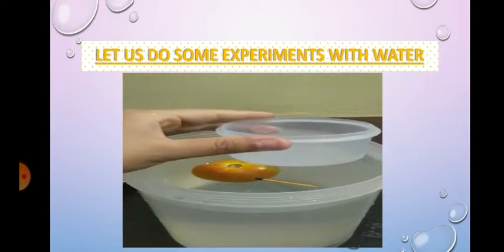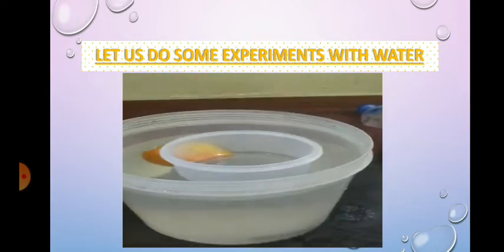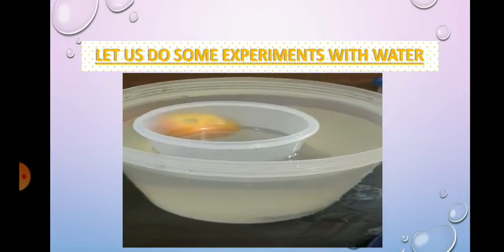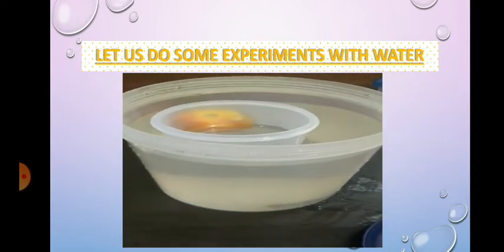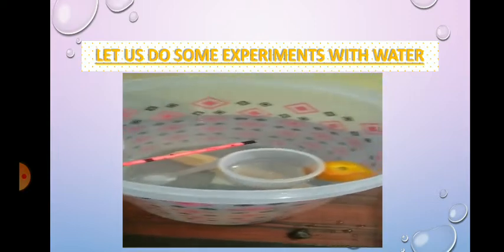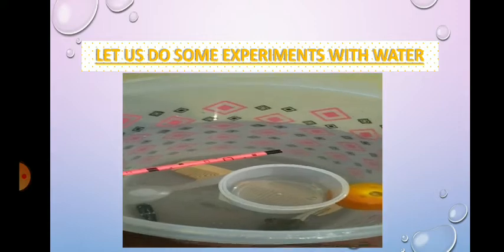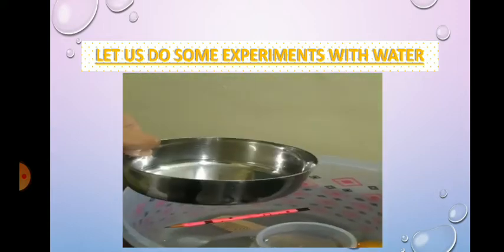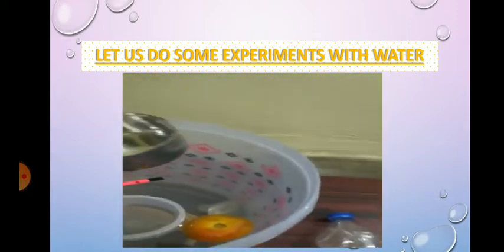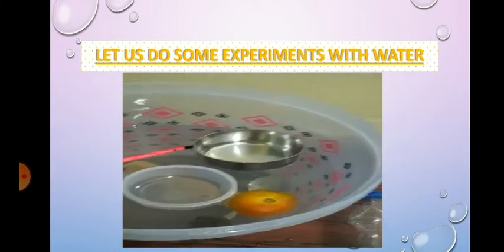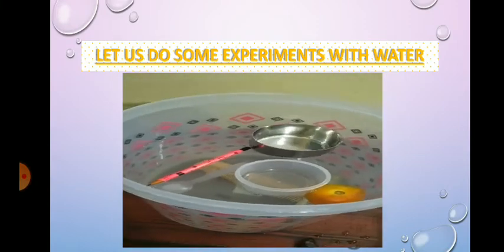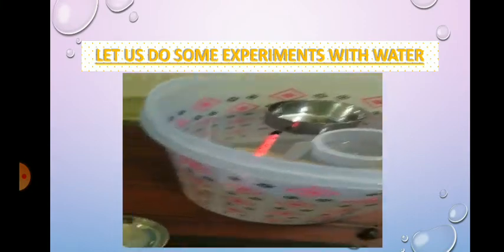Here is a plastic bowl. It floats on the water. Now let's take a steel bowl that is much heavier than this plastic bowl. Let's see. Amazing! It floats on the water.